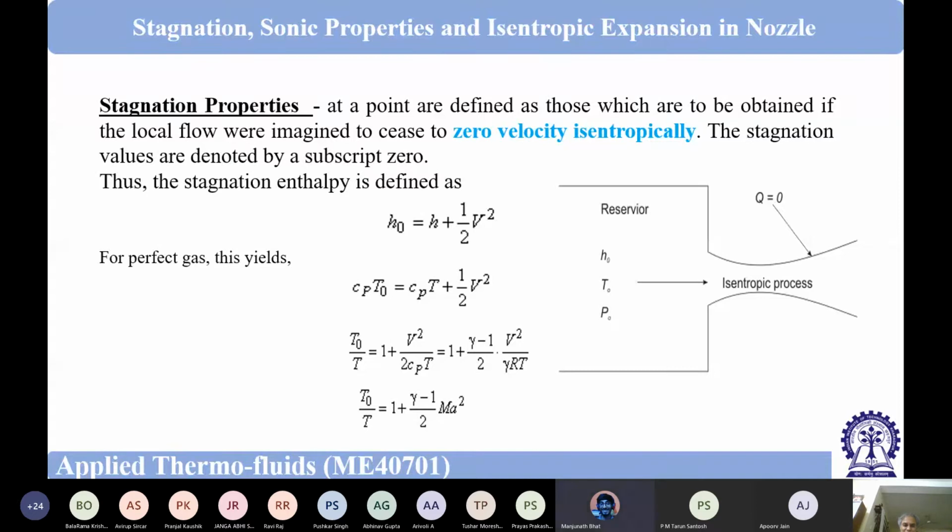Even in my time in class 12 we had to do this. So this is gamma RT. Please look into any book of thermodynamics or whatever source it may be. From where does it come?